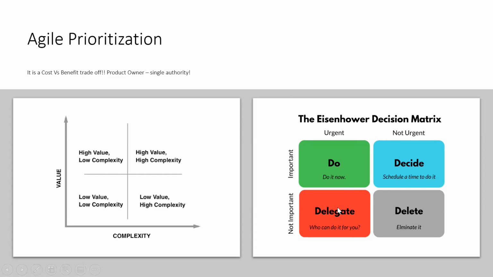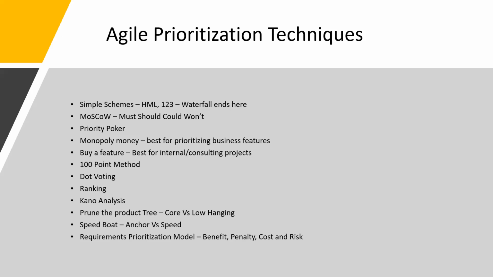Could: delegate, which is again low value, low complexity, but you can do it in future, or you may not do it. Whereas delete would be won't. So all the prioritization techniques kind of fall into these two matrices, as you slowly understand. That's what MoSCoW is about. And I particularly use MoSCoW in the start as well as during sprints to make decisions for that particular sprint.